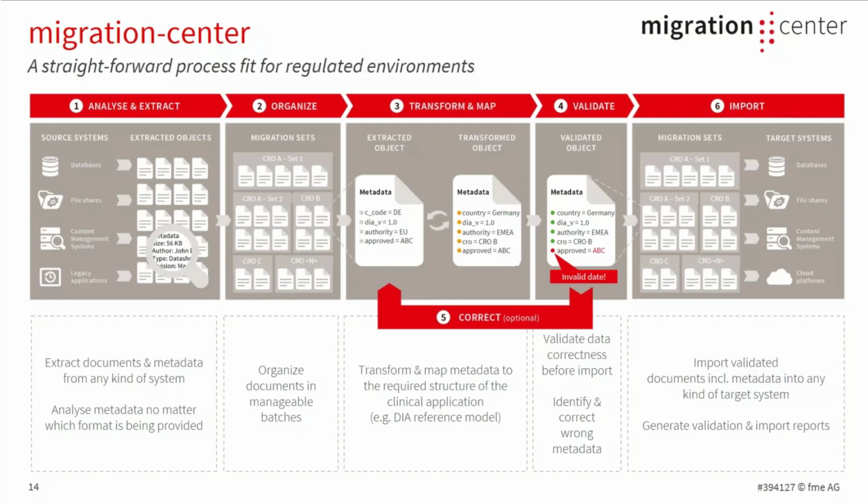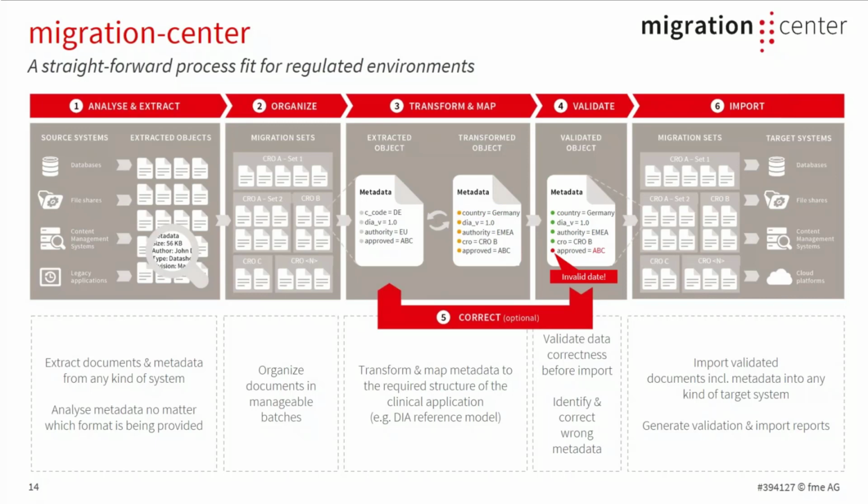After this transformation, you see that we map the country code DE to the country Germany. We also add a new attribute, for example the CRO, CROB, and we simply copy the approval date from the source object to the transformed object.